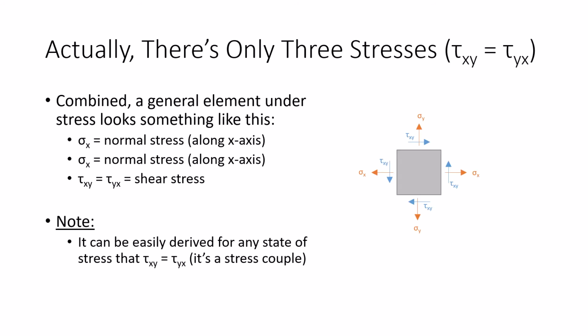That's why I say it's really not all that important to get all worked up about the subscripts, like tau xy and tau yx, which direction. They're all the same. If you want to draw your stress state and you want a shortcut for ensuring that you've done it right, here's Dr. Mike's shortcut. You're trying to figure out positive shear stresses. Look at the top. If it's a positive shear stress, it should go to the right.